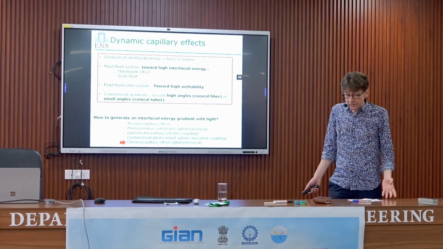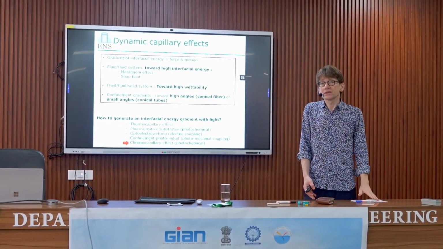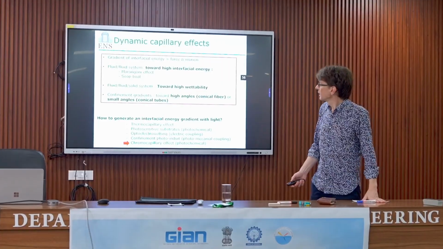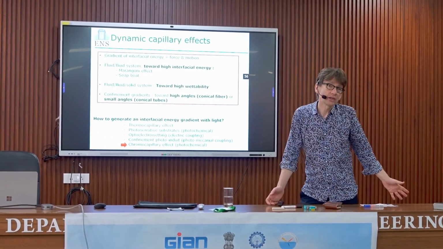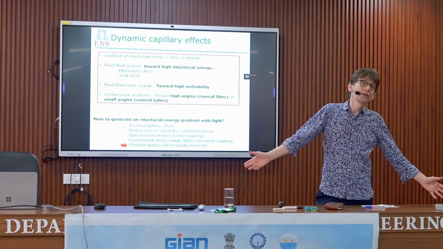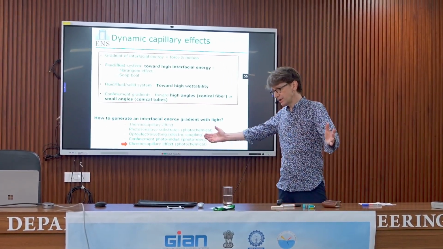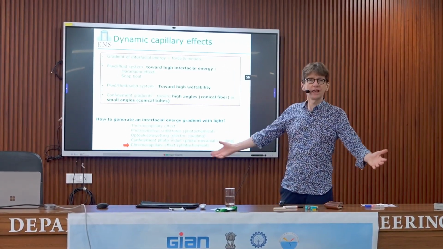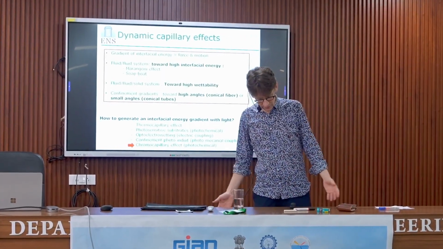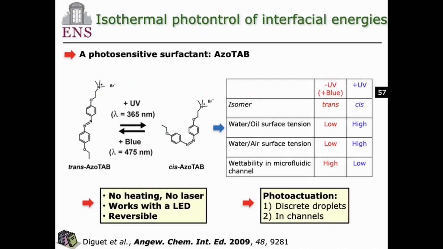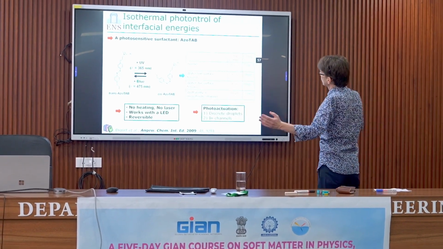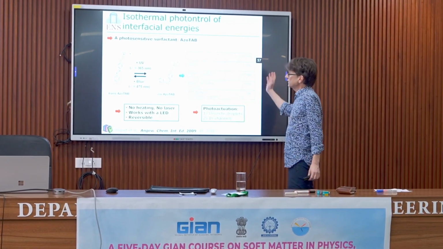And this idea to me was the most straightforward, because in life, when you want to change surface tension, you don't use laser, you don't use temperature, you don't use pyropiran, you don't use complex stuff, you use surfactant, right? So we had this idea to just make photosensitive surfactant, very simple molecule, and you can change surface tension.